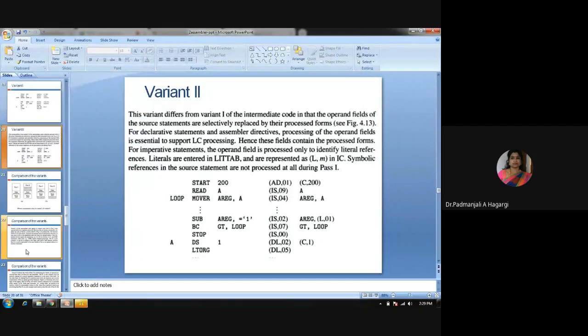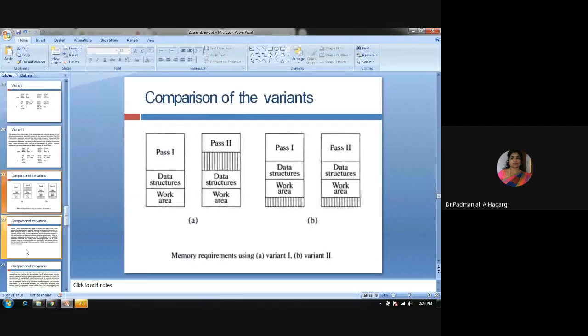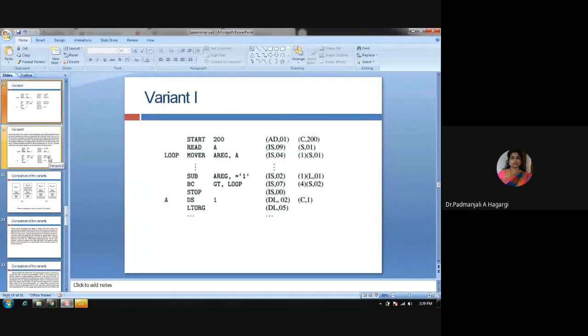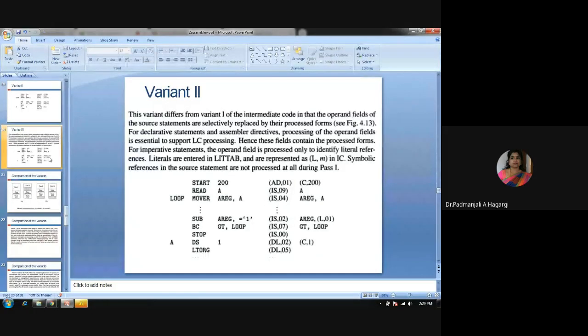In variant 1, the workspace requirement is more or less. If you compare variant 1 and variant 2, we have the same program, only the comparison is in generating the object code. This is what pass 1 looks like.